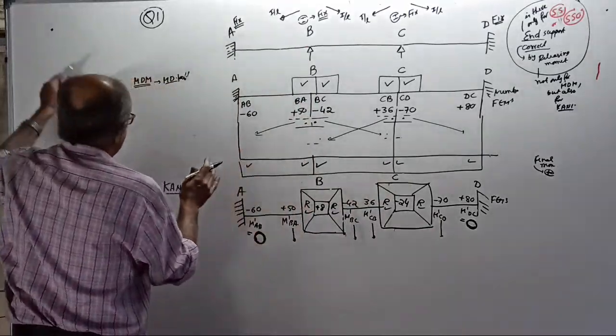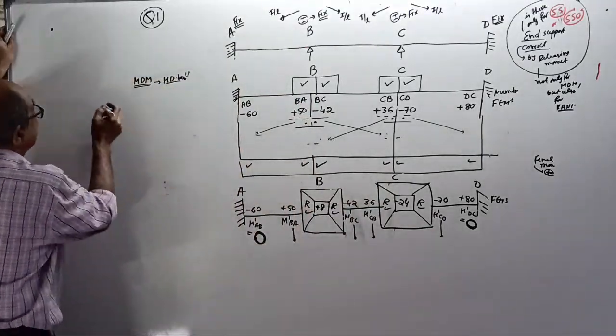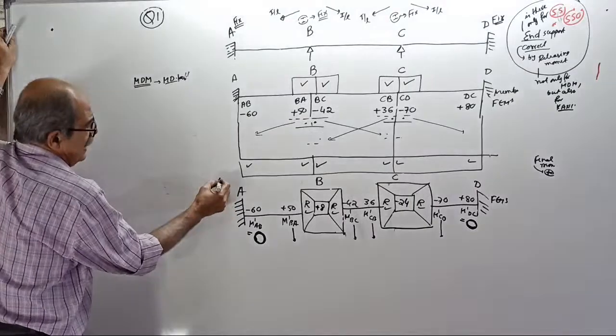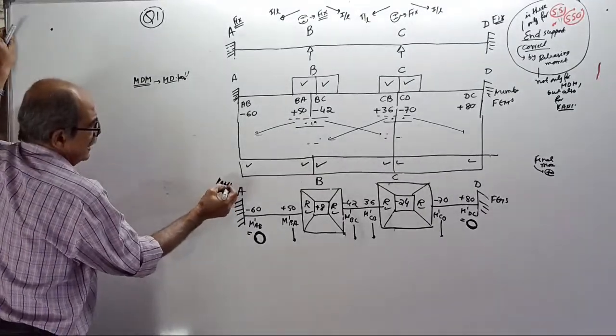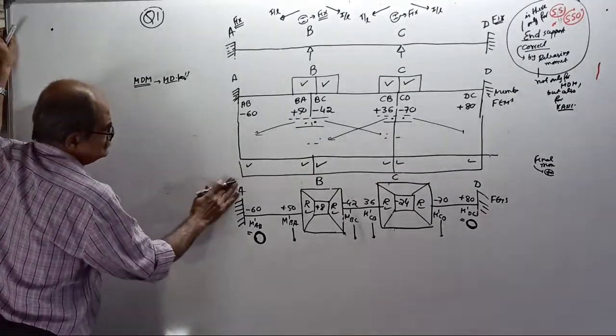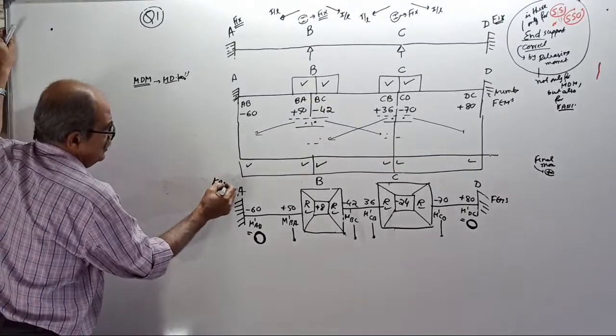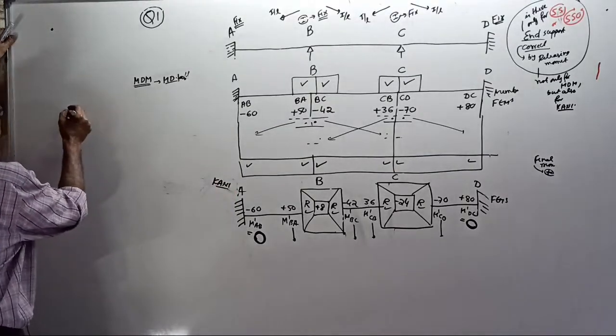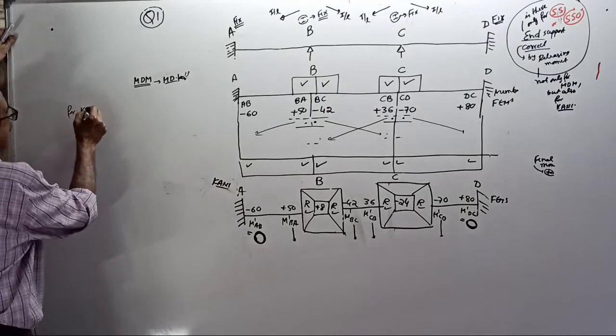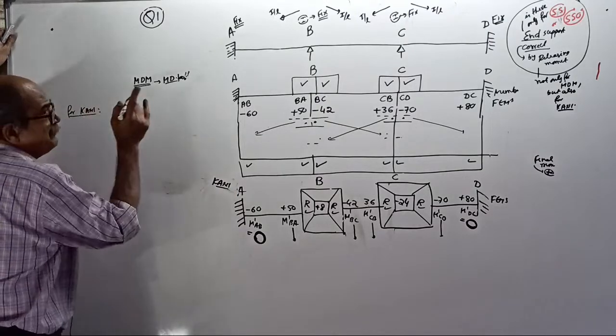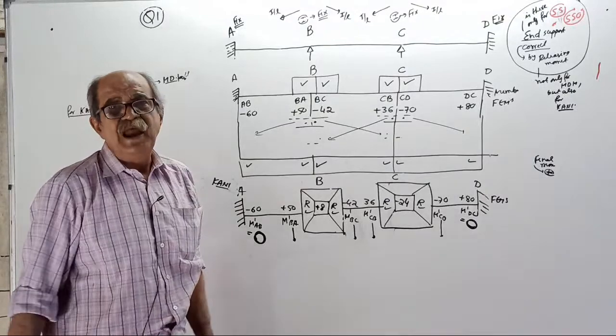Once you repeat, I am telling you, this is for Kani's method. Then for Kani's method, write the formula for finding final moment.